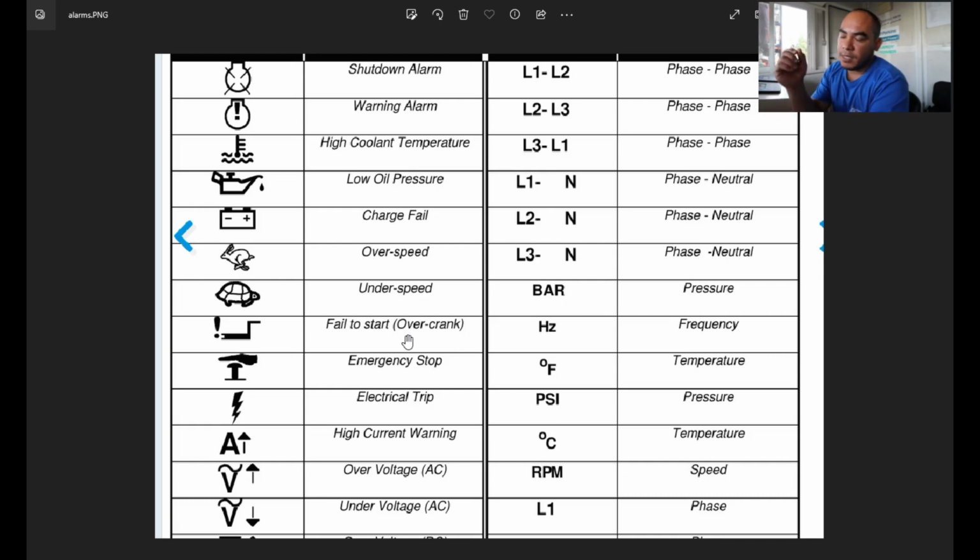There are three starting attempts of your generator: first crank, second, and third. After that, it will tell you fail to start, because it will not run the generator. It's just cranking. So after the three attempts, it will tell you fail to start, meaning it is not able to run the generator.